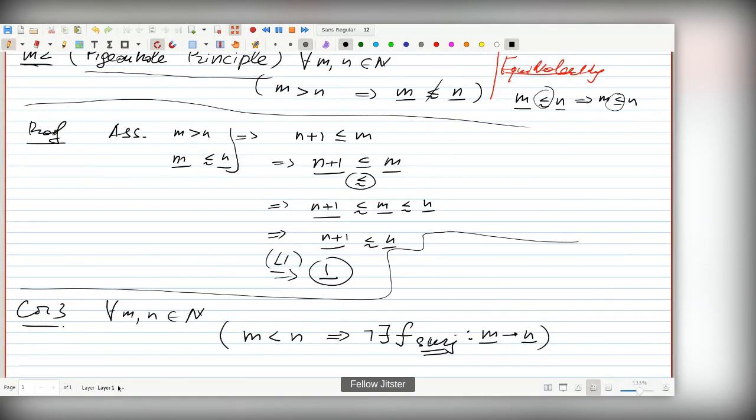In terms of rabbits, if you have M rabbits and N cages, and you have less rabbits than you have cages, there is no way to put the rabbits into the cages in such a manner that every cage is occupied.